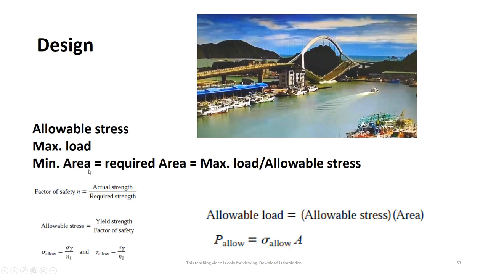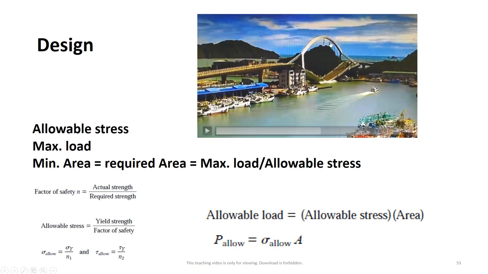Yeah, so the factor of safety is the actual strength over the required strength. Most of the time the actual strength is higher than the required, because you need to put 1.2 or 1.5. So when you do the design, you put more to guarantee it is safe.